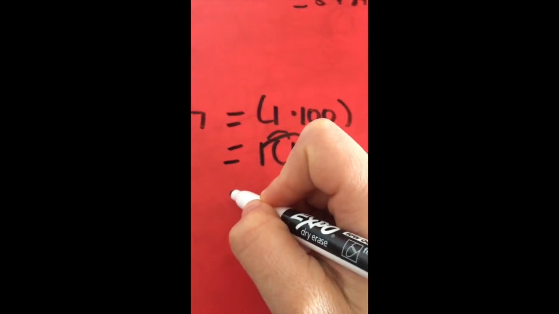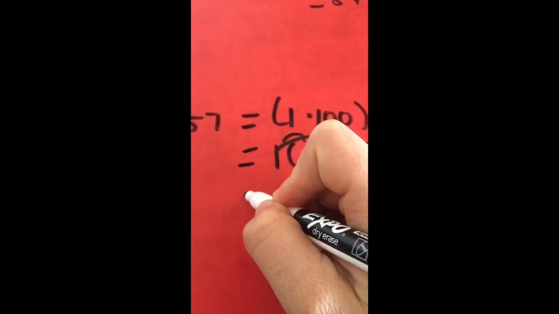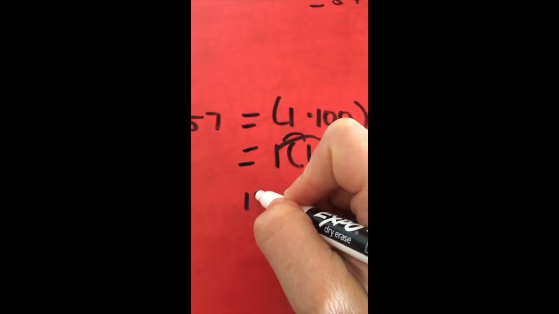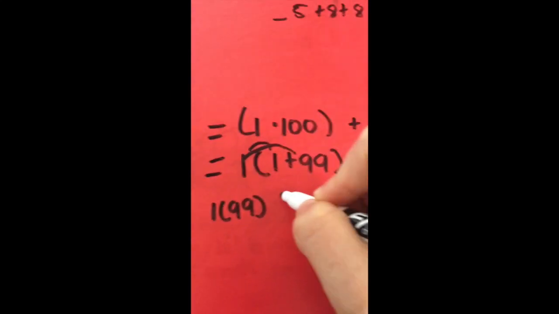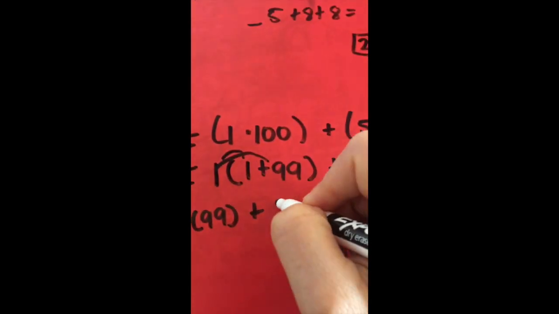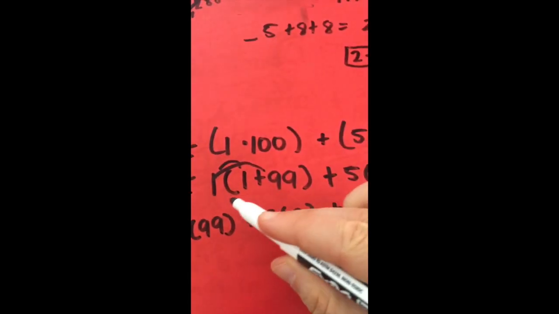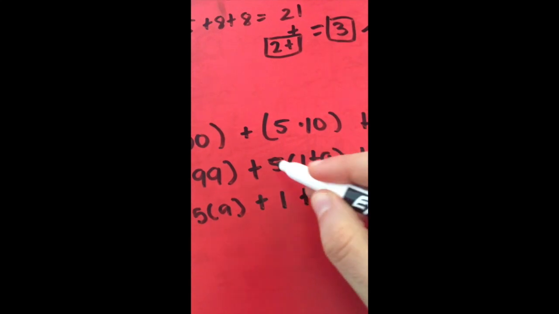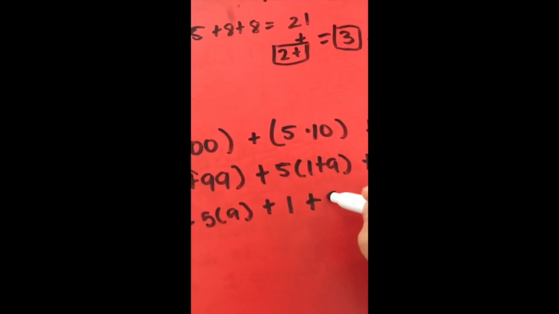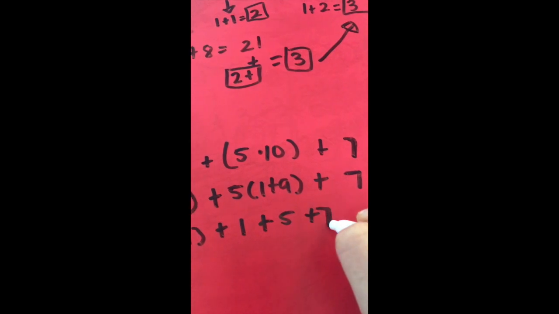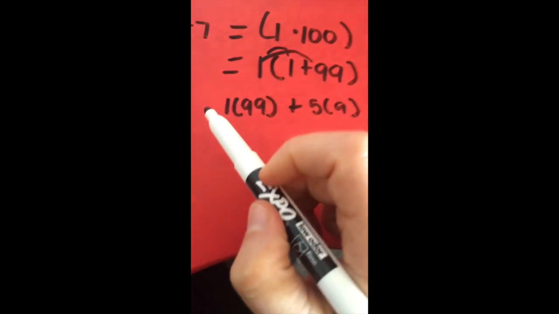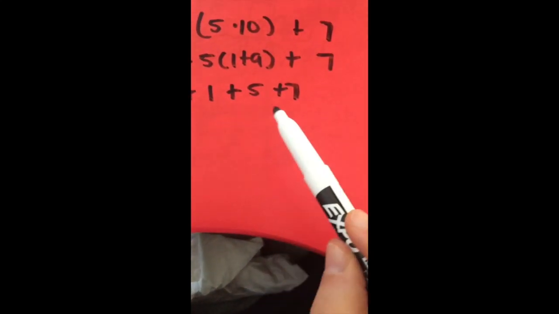So it's really saying we have 1 times 99, plus 5 times 9, plus, now we bring the 1 back in, 1 plus the 5, because 5 times 1 is 5, plus 7. Now basically we know that these are divisible by 9. So the first two parts are divisible by 9, which gives us the remainder of 157.